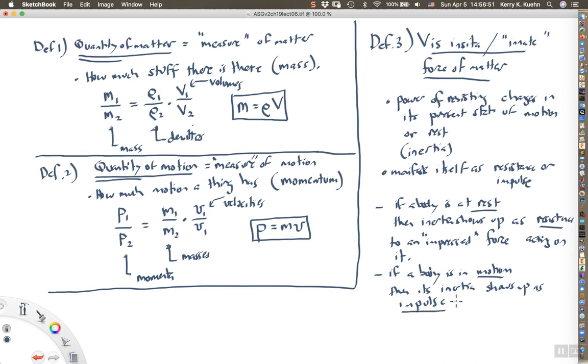What do we mean by that? It's an impulse that it is able to deliver to another body.